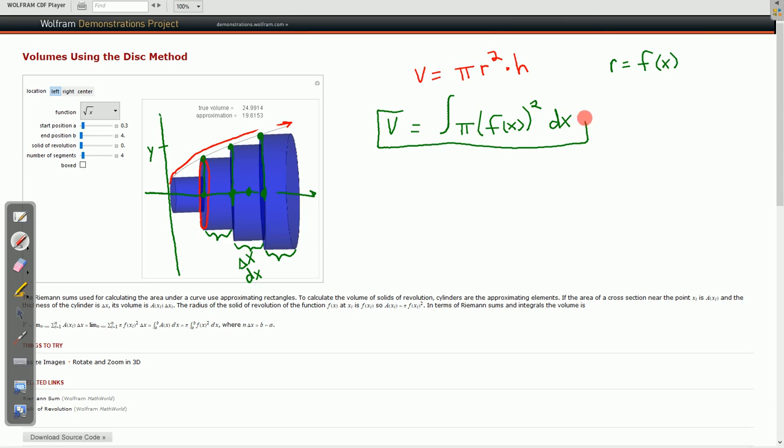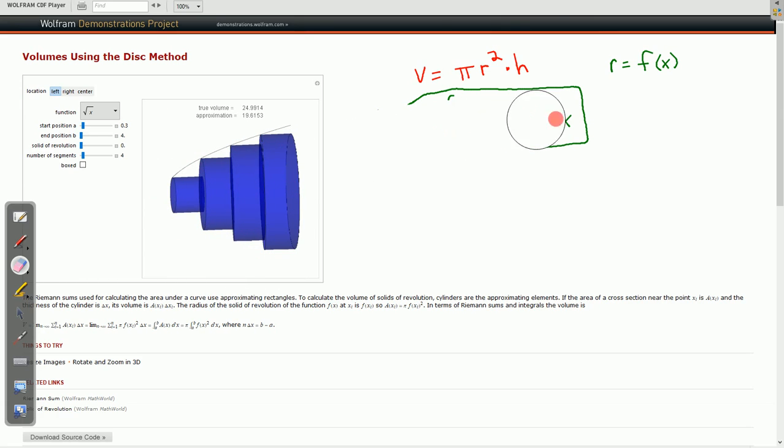I'm hoping you can still see that it is pi r squared times height, the same volume formula for a cylinder, but now we're using an integral to add up an infinite number of them. All right, so let's use that idea in an actual problem or two so we can see how it works.